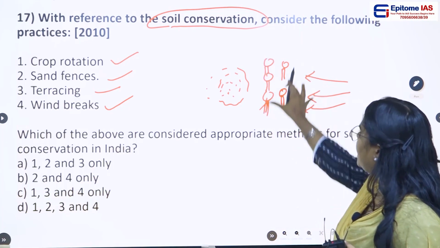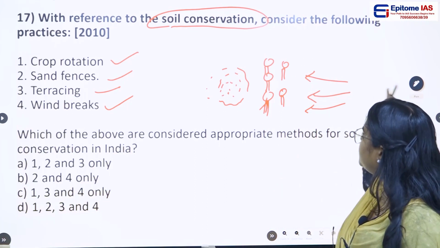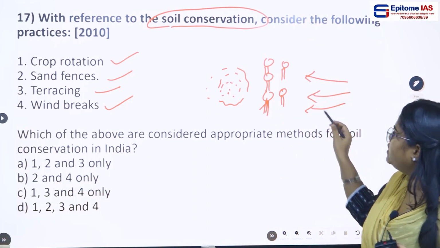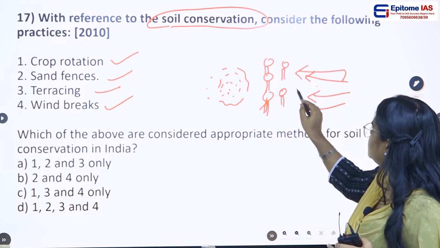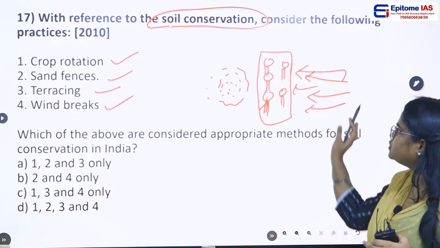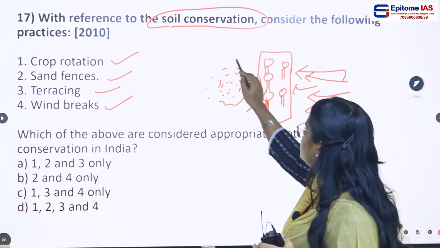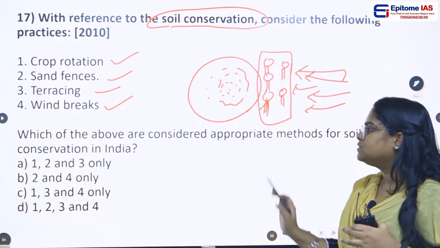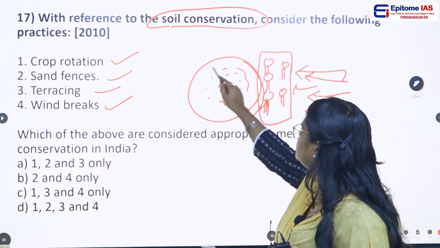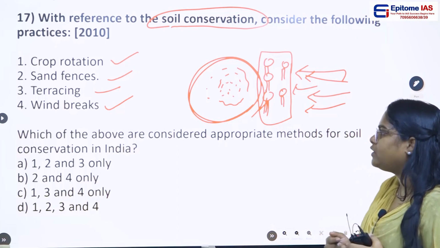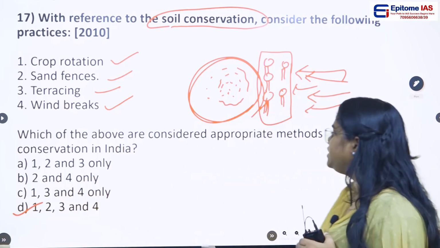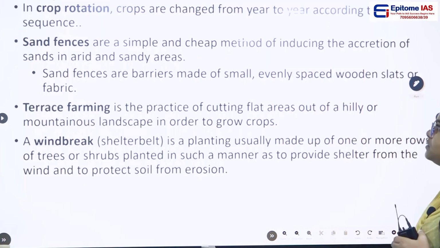When we plant some layers of trees perpendicular to the direction of the winds, the wind will stop here, and this will act as a barrier to stop the wind, and it will not impact the crops. So these are wind breaks. Yes, wind breaks also help in the conservation of soil. So what is the correct answer? Answer D, 1, 2, 3, 4 is the correct answer.